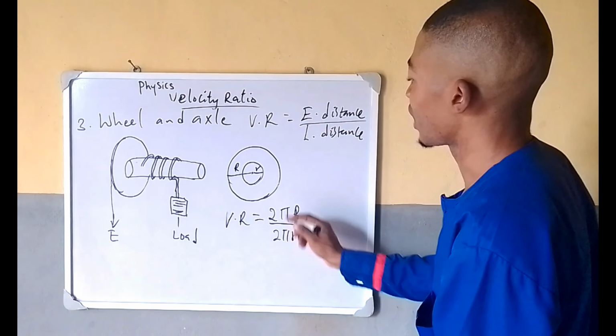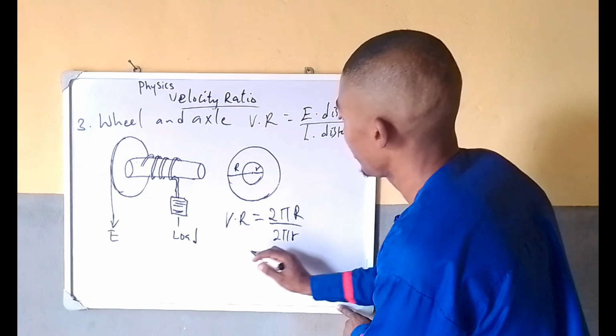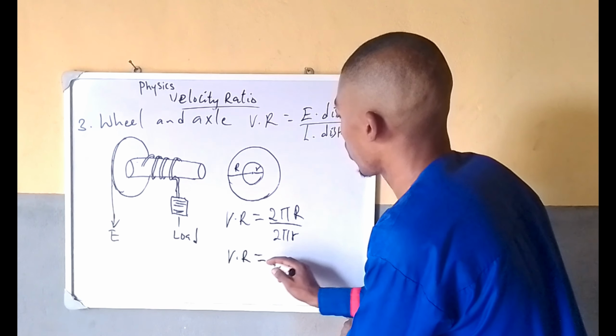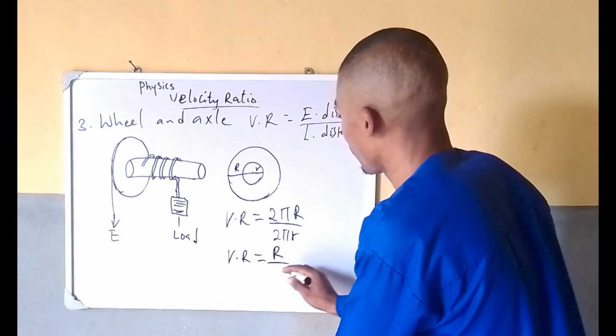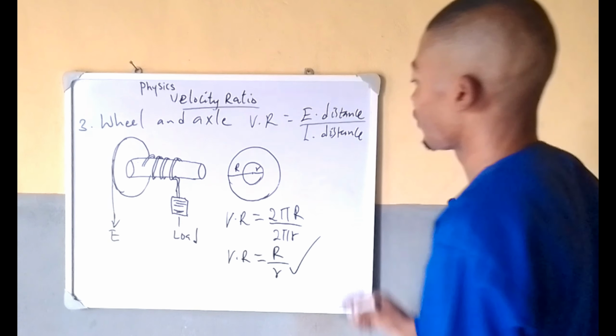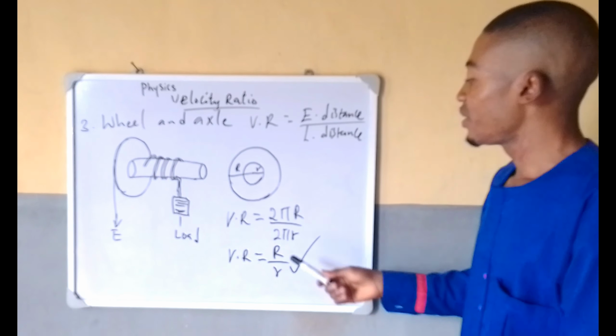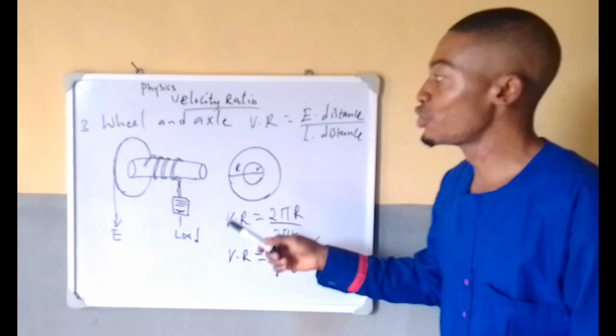So by the time you look at this, 2 pi can cancel 2 pi, then we have that velocity ratio is equal to big R over small r. So this is the velocity ratio of what? Wheel and axle, where the big R represents the radius of the what?